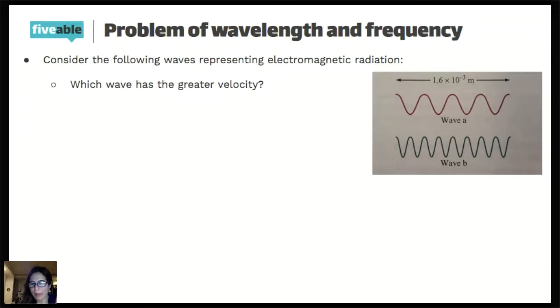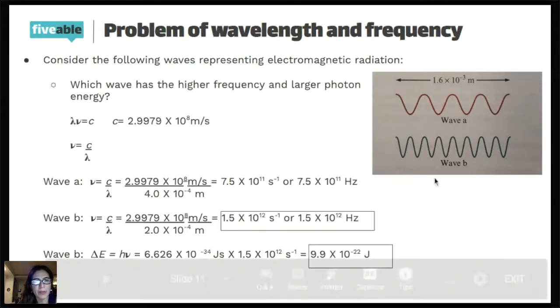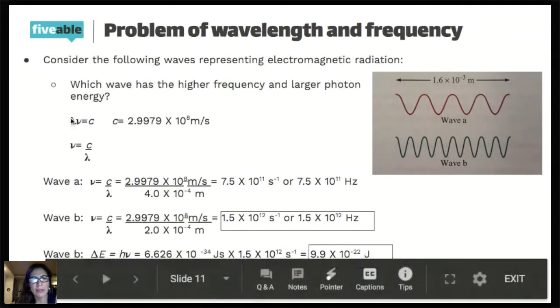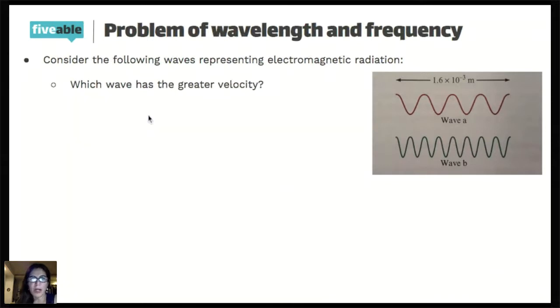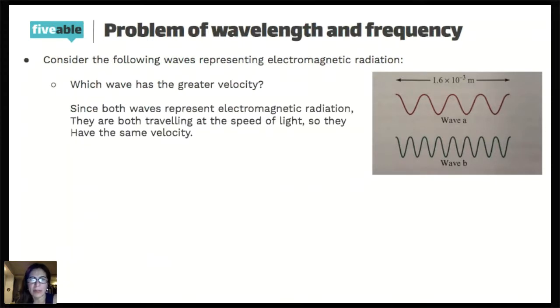If we remember from this formula, the wavelength and frequency are proportional because the multiplication of this gives you the speed of light. So the wave that has the greater velocity, it's not B, because they're both traveling at the speed of light. So they will end up having the same velocity.